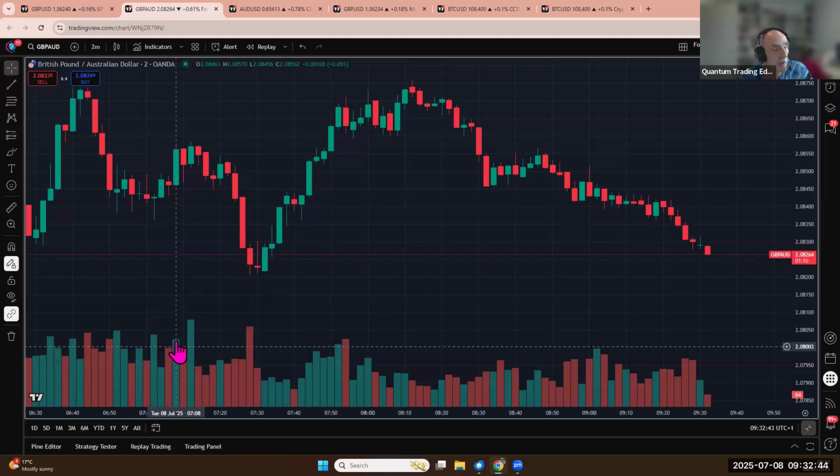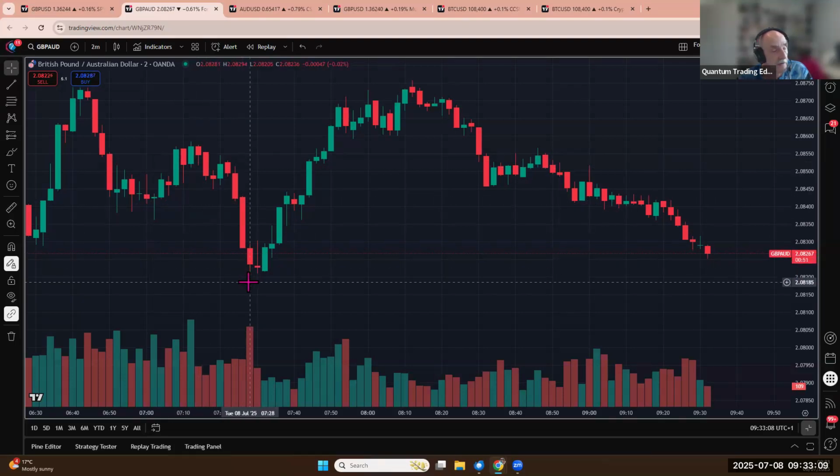In other words, we can call that our benchmark. And then we get a dramatic increase in volume, and yet the spread is almost half. So what does that signal to you? Well, it signals the market's struggling. The market makers are trying to sell into weakness. The market is not receptive to that price move, and therefore you're anticipating one of two things, congestion or reversal, which is what we get.